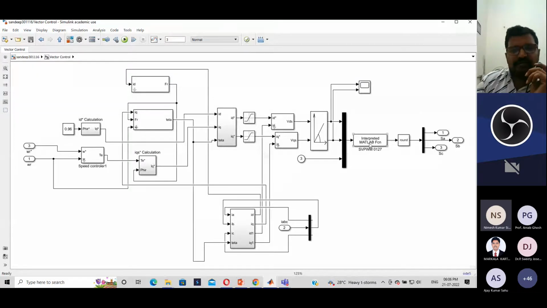I have written a MATLAB program to get the SVPWM technique. This entire block is a MATLAB function consisting of a program to determine the pulses I require, SA, SB, SC, according to this reference vector value. The reference voltage vector will produce the three pulses. I have taken only three pulses and the rest will be complementary.